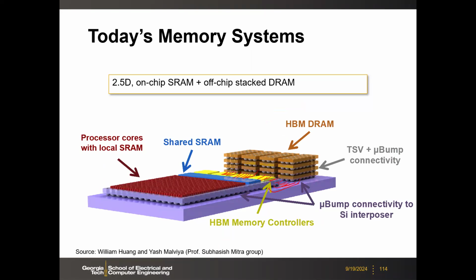We will talk about the DRAM HBM interface. Currently, for HBM3, the I/O width is 1024. That means you have 1024 wires on the interposer. Every time you transfer 1024 bits, right?